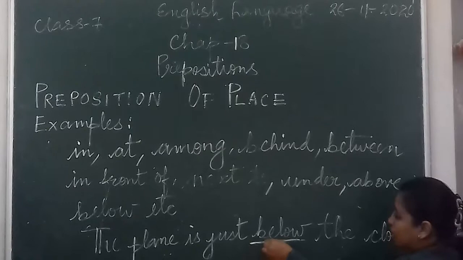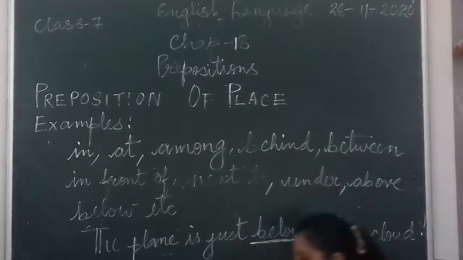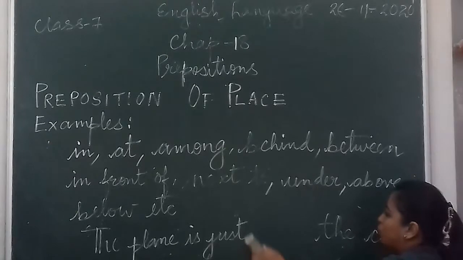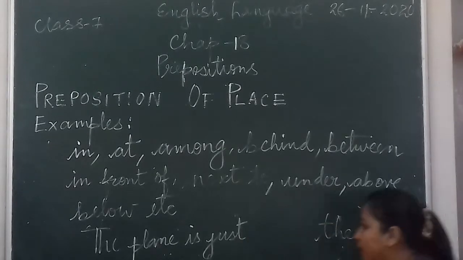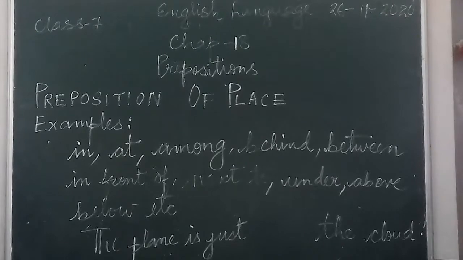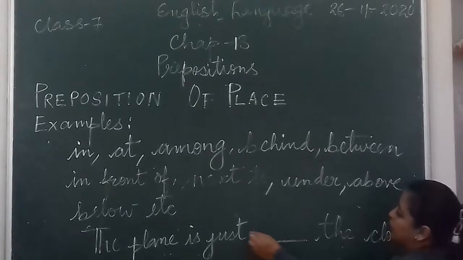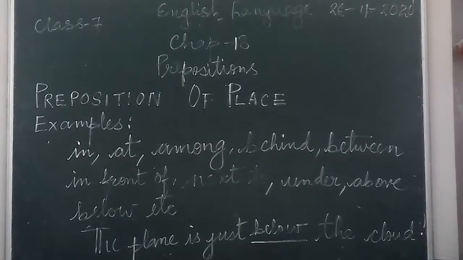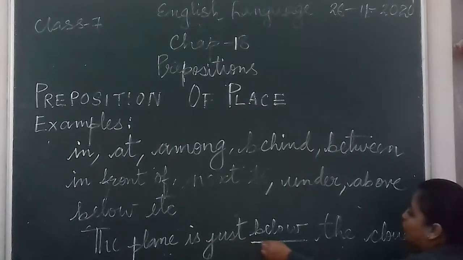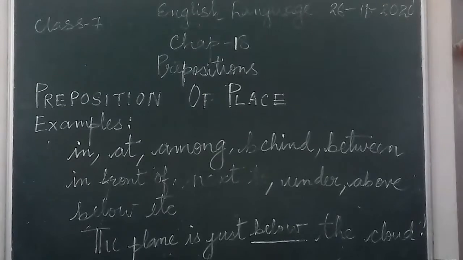It is acting as a link. If this preposition of place, "below", was not there, you wouldn't have understood the meaning of the sentence. "The plane is just and the cloud" does not give you the complete sense. If you add the preposition below, you can make out the meaning. So where is the plane? Just below the cloud. So this "below" is the preposition of place.